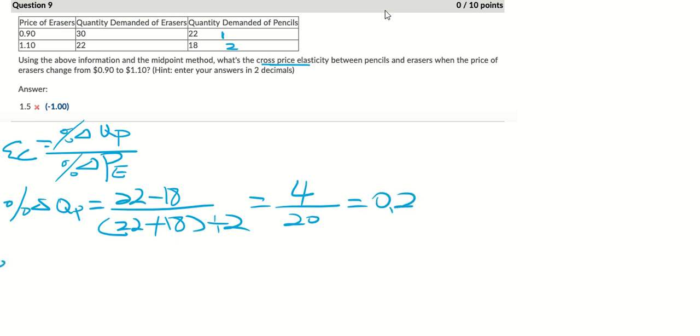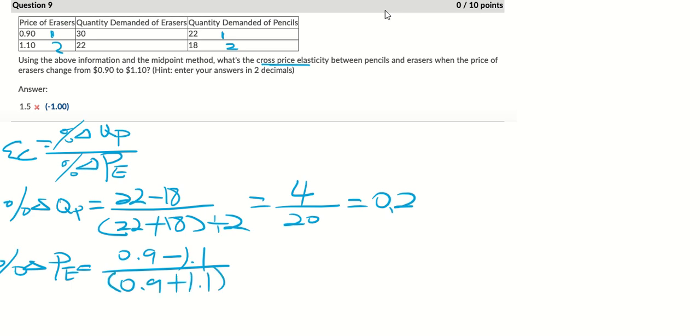And then the percentage change in the price of eraser. Let's call this one P1, this will be P2. So I'm going to do 0.9 minus 1.1 divided by 0.9 plus 1.1 divided by 2. On top, 0.9 minus 1.1 will be negative 0.2.